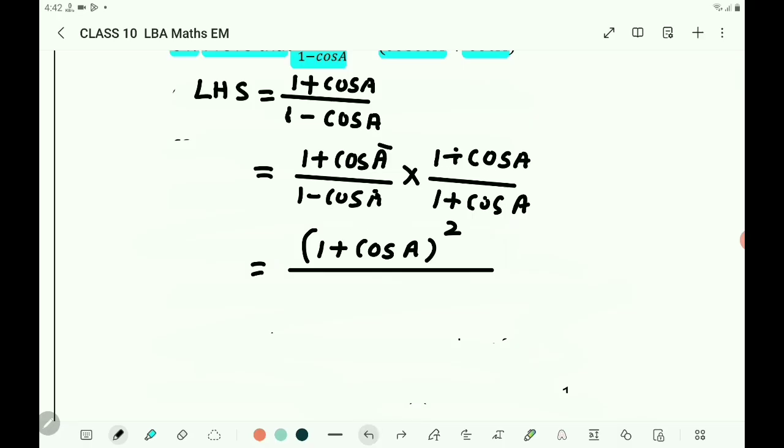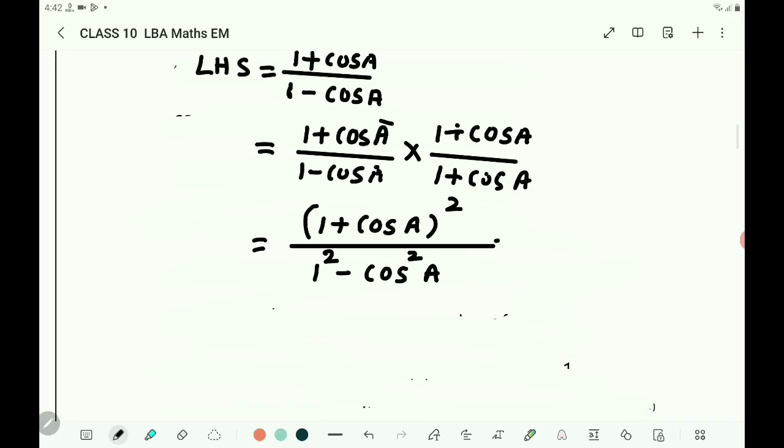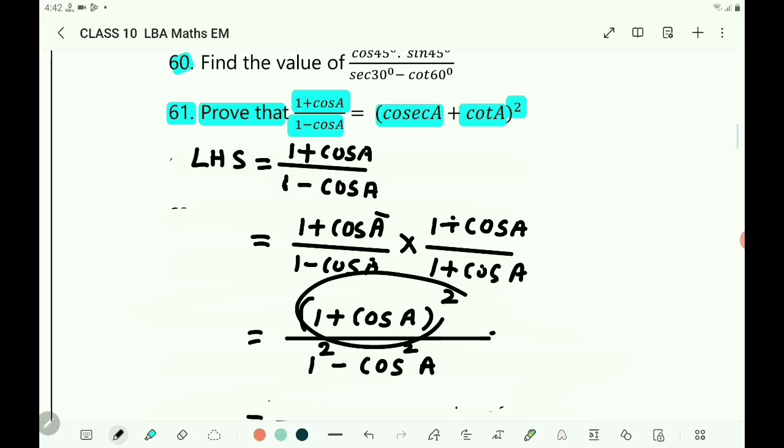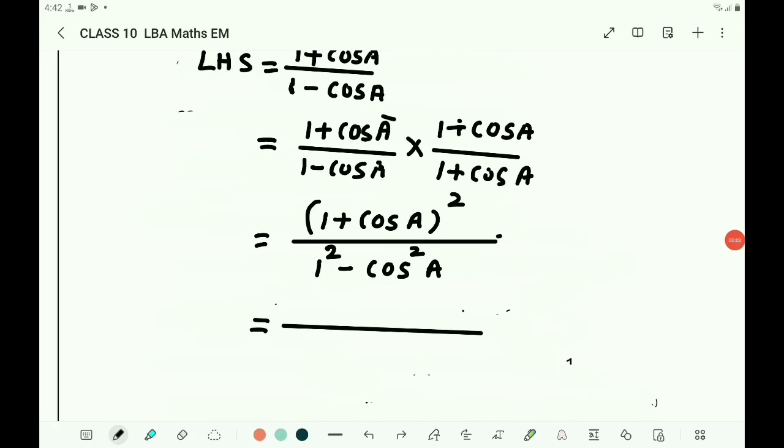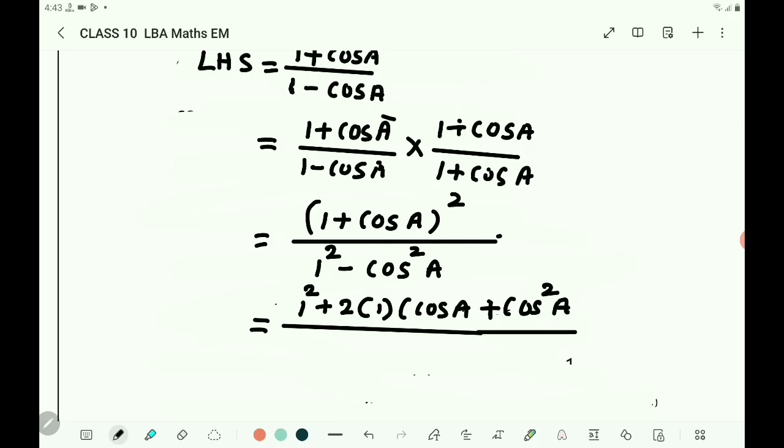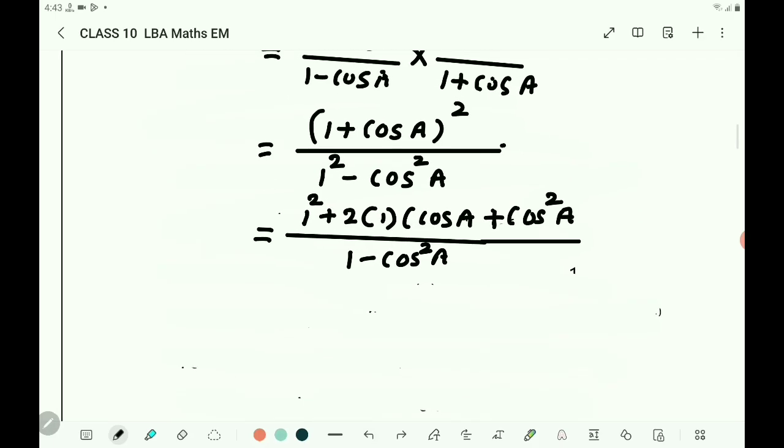So you can take 1 square minus cos square A. Here you use the identity A plus B the whole square is A square plus 2AB plus B square. 1 plus cos A the whole square is 1 square plus 2 into 1 into cos A plus cos square A. Then it is 1 minus cos square A. You can write 1 square as 1.